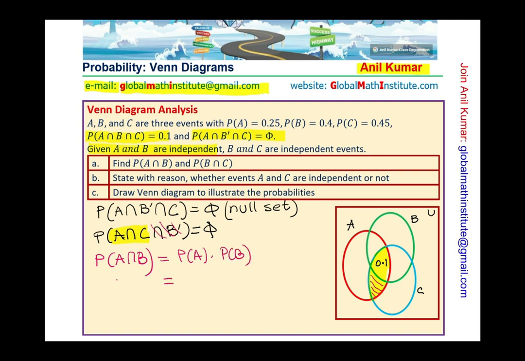So the product of A is 0.25, which is a quarter, multiplied by 0.4. So a quarter of this will be 0.1, correct?